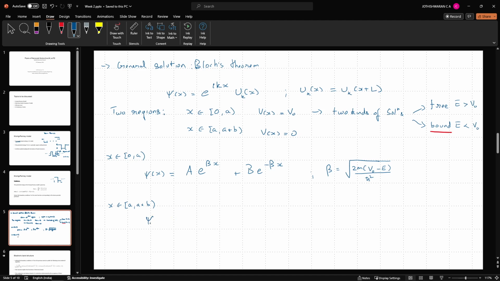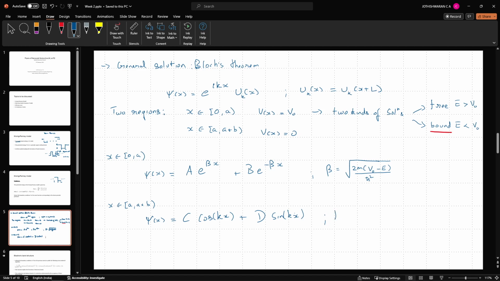So now I'm just going to write the trigonometric form. The free particle solution can be written as some C cos kx plus D sin kx. So this is the wave function in the zero potential region.